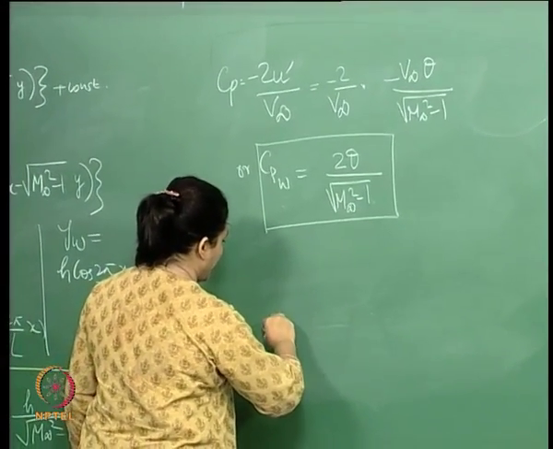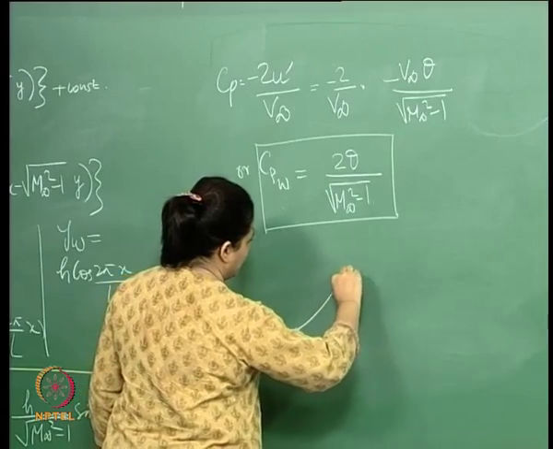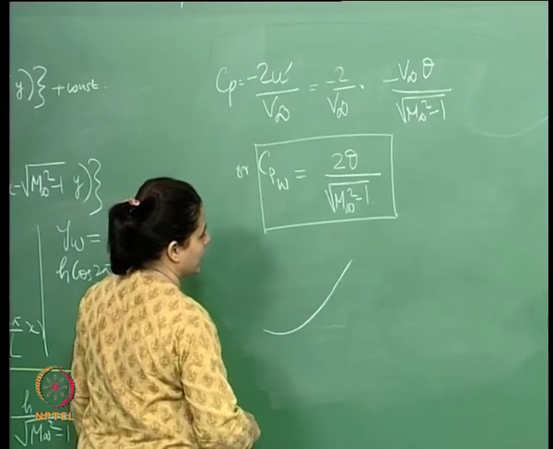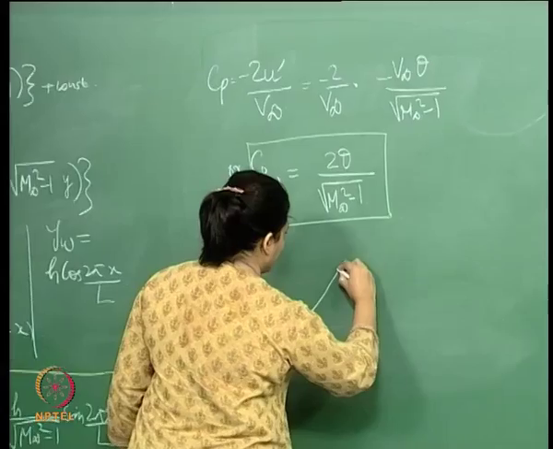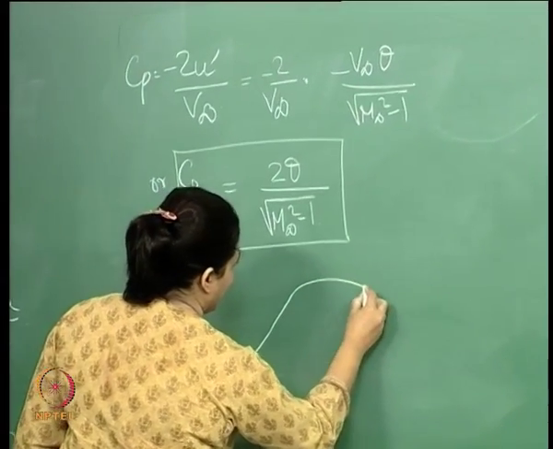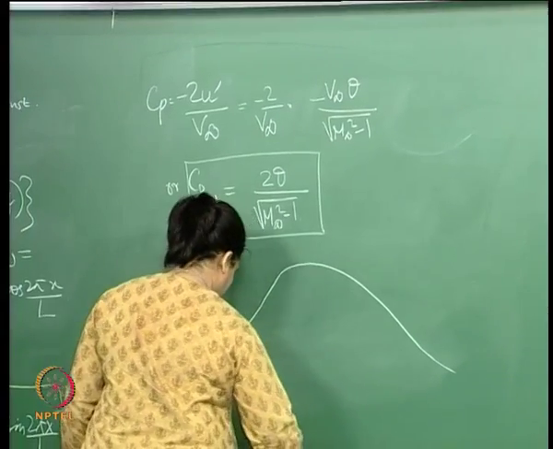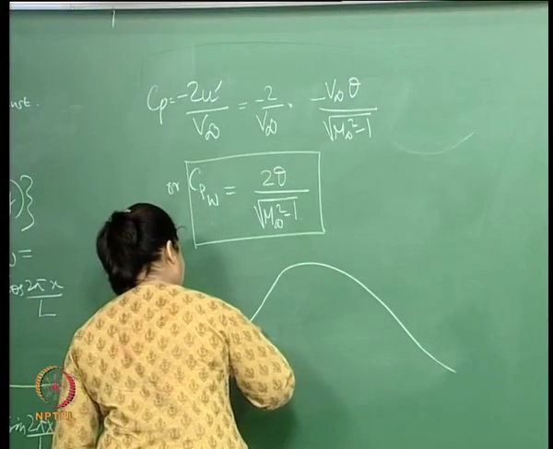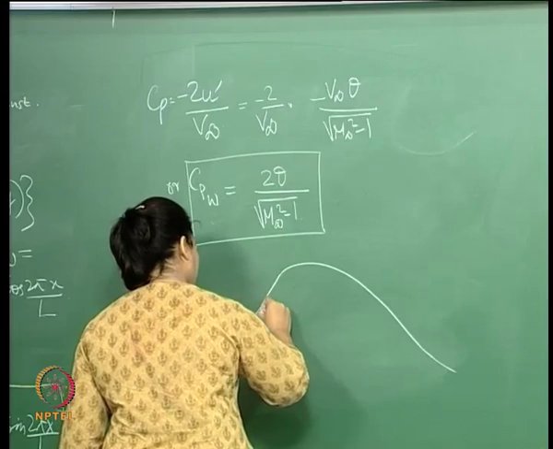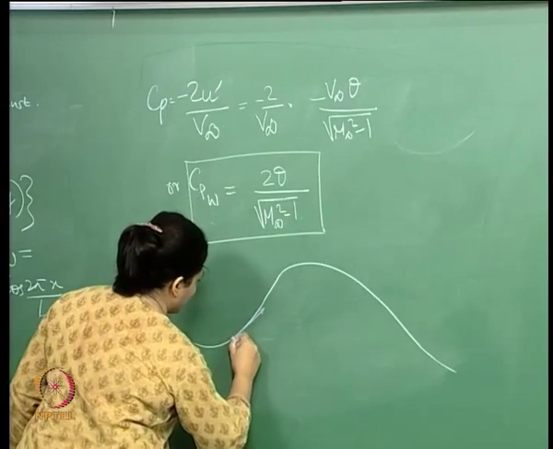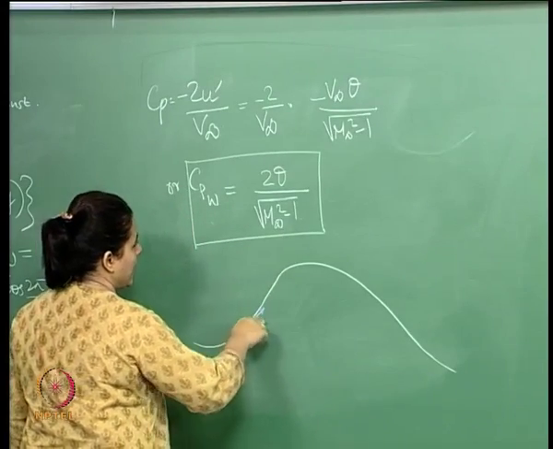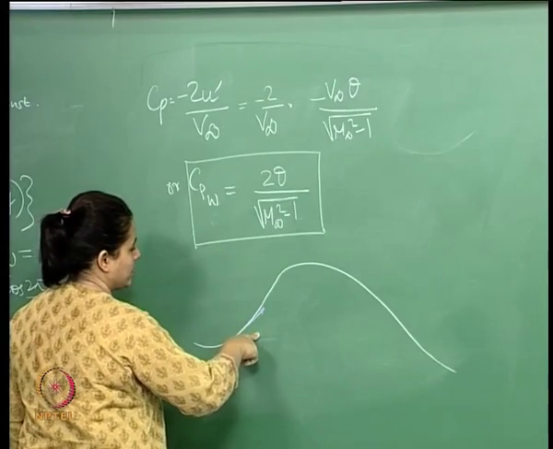So say I have a positive like that, and then I have a negative. So as long as this theta is positive, I have a positive Cp.